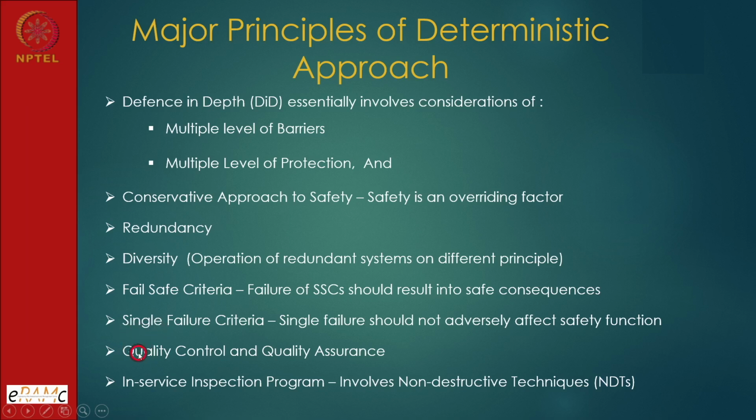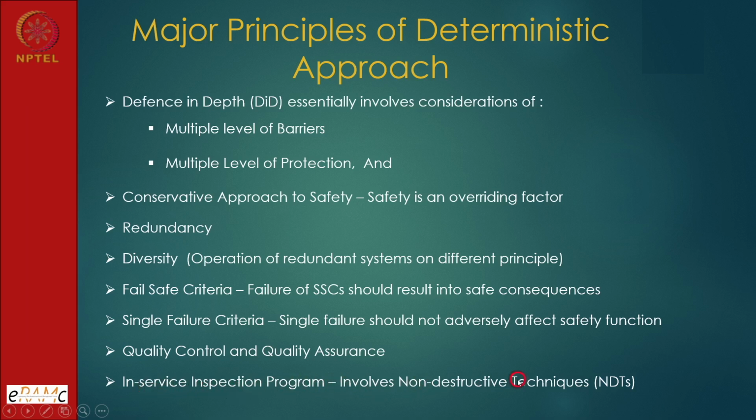And then for implementation, monitoring or surveillance program, quality control and quality assurance. Unless quality components go into the system build, quality operation, quality manpower, it is of paramount importance to ensure safety, quality control and quality assurance. In-service inspection: passive structures need to be qualified periodically, and that happens by sampling methods.